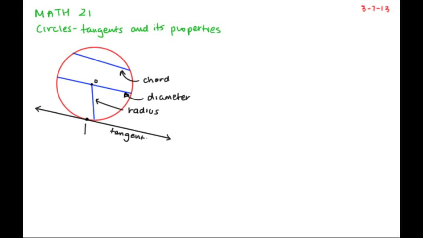And that point is, we like to call it the point of tangency. And if we had a segment here, and we call this P right here, and this was R, then segment PR is we call it a tangent segment.